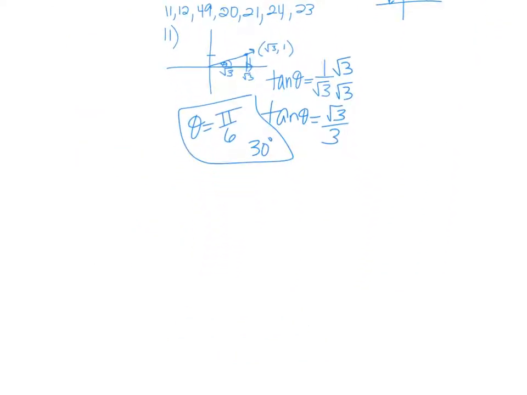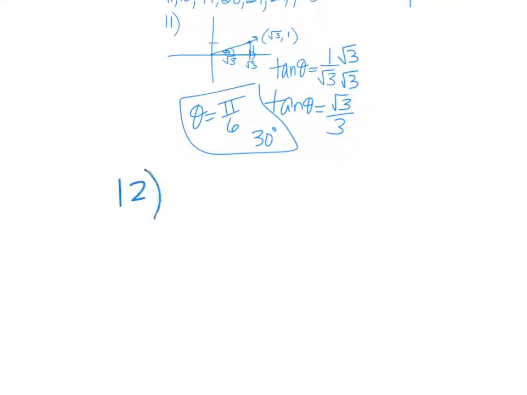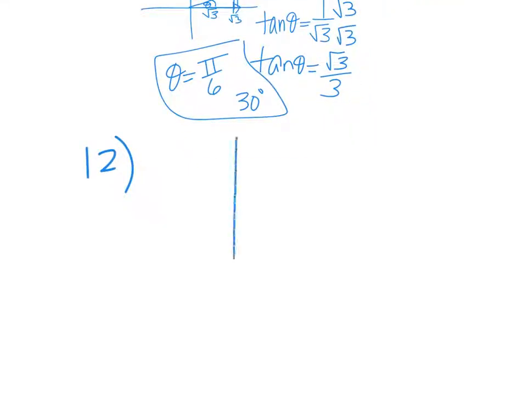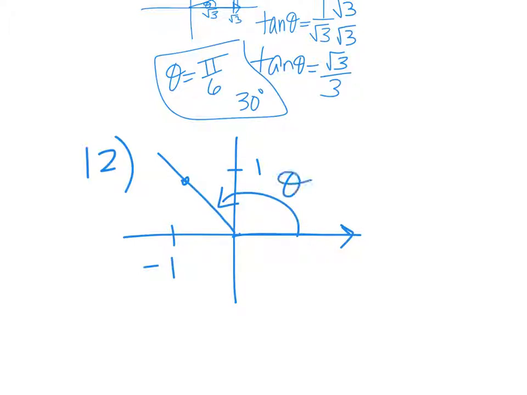All right, let's look at 12. 12's a little bit easier because of the point they gave you. They gave you that the terminal side of your angle, so here's your angle, the initial side. The terminal side lands on the point -1, +1. So here's the angle that they want you to find. You don't need any trig for this. You just need some geometry skills, right?